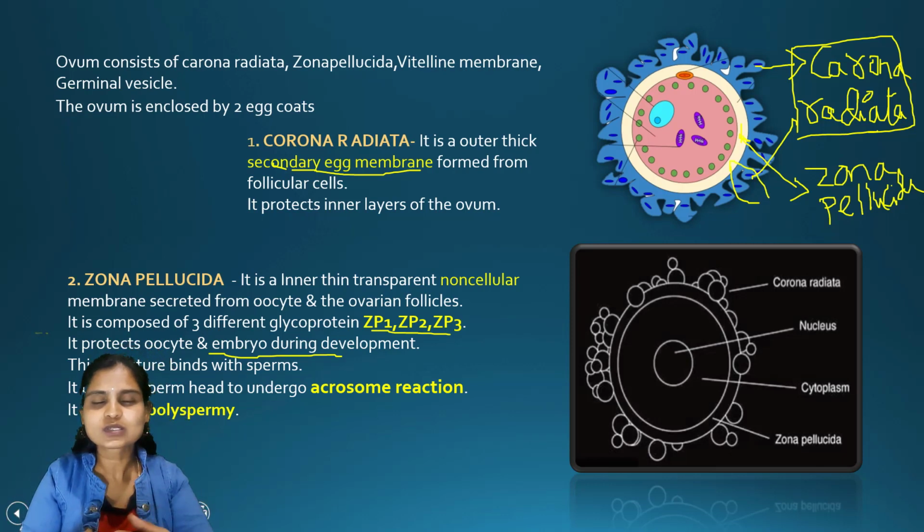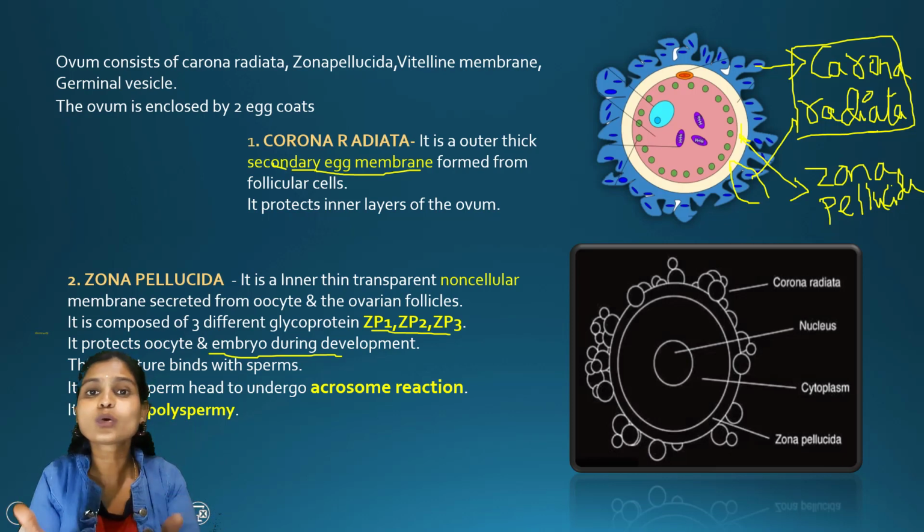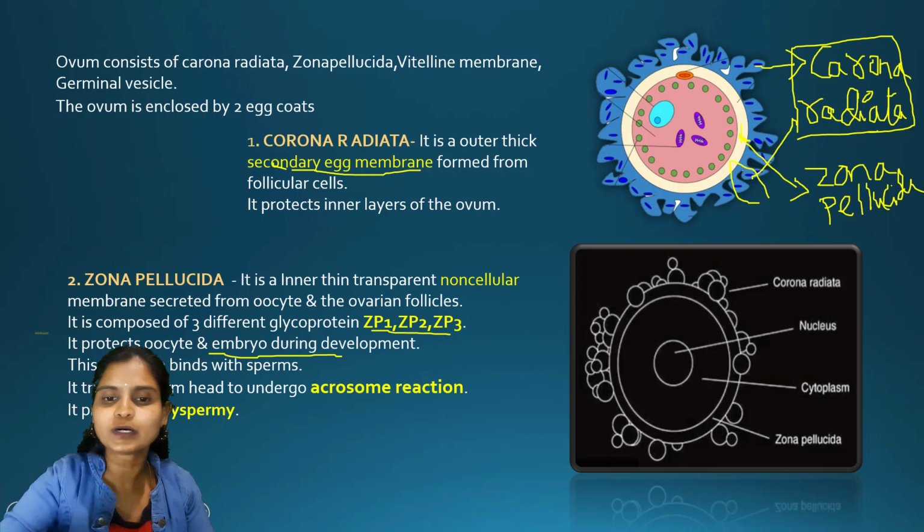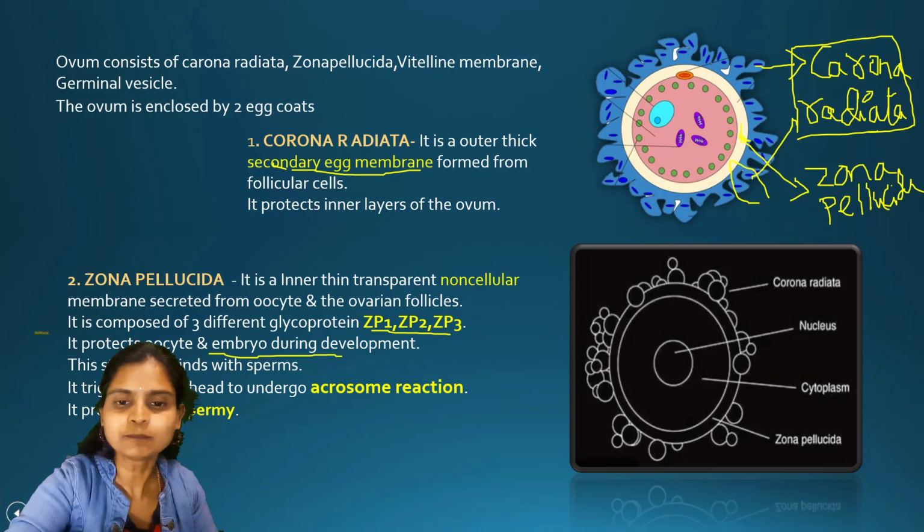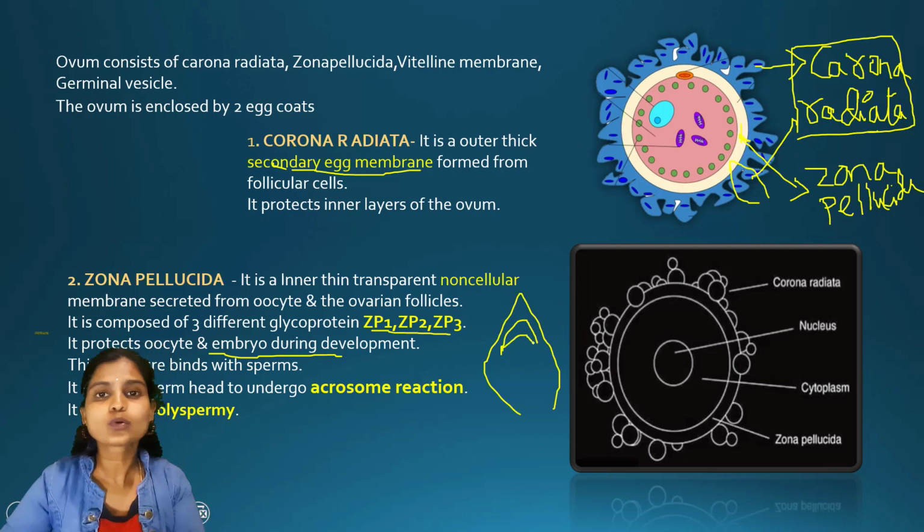The zona pellucida triggers the acrosomal reaction. I think you remember that in the sperm head there is an acrosome, and the acrosome consists of many enzymes.